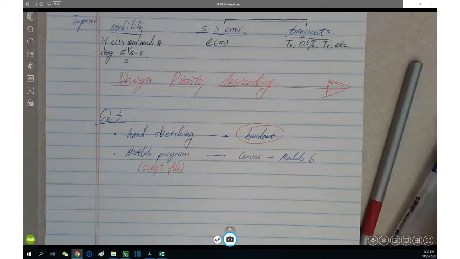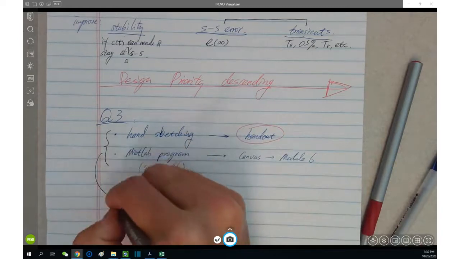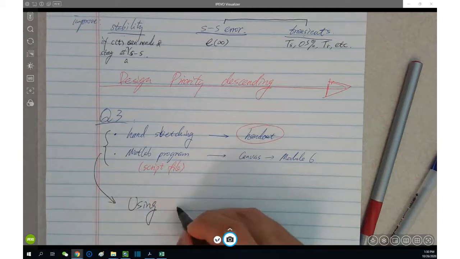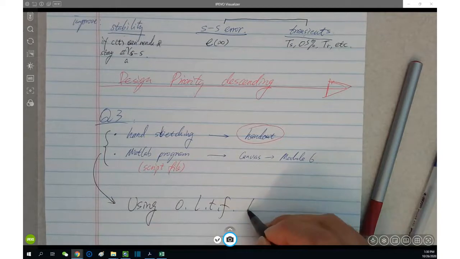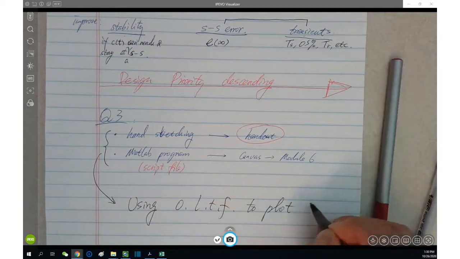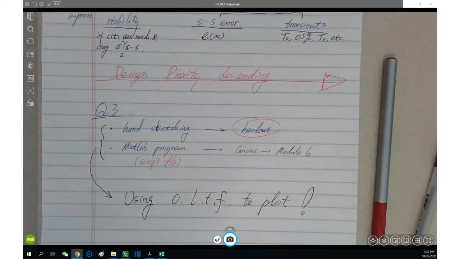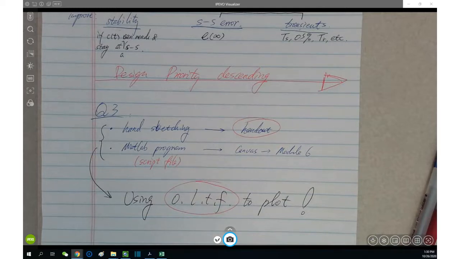But what we need to remember here is that no matter which way, what we are using is the open loop transfer function to plot the root locus. And the root locus is the path, or say the locus, of the closed loop transfer function poles.